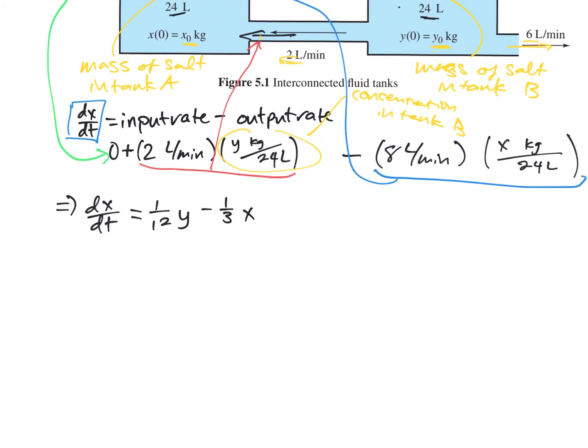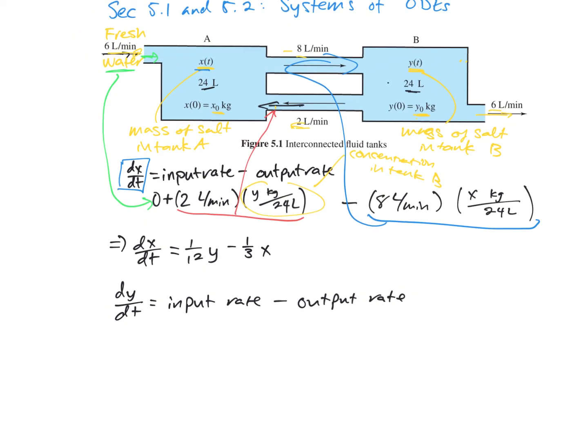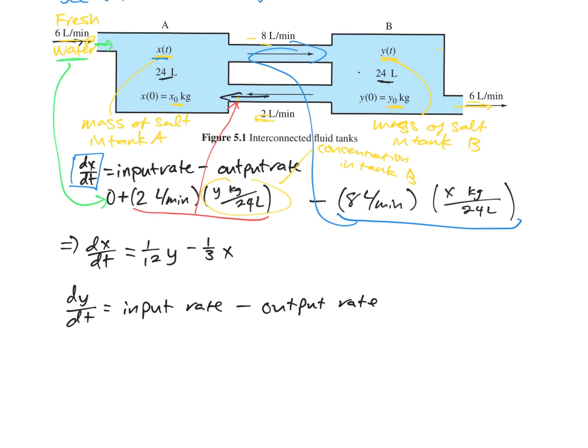Okay, so similarly, let's model what's going on with y. So dy dt, again, is going to be the input rate minus output rate. And what do we have going in?